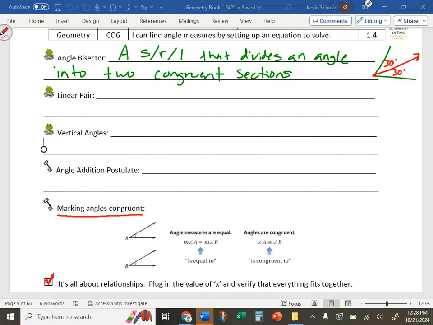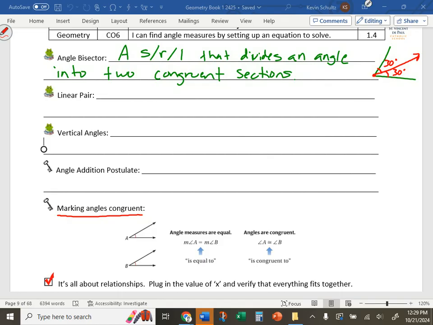So if I put an arc right here, an arc right here, without the angle measures, that would still tell you the angles are congruent. Okay? So that arc through the angle. And just like our conversation of congruency versus equality before, when you're talking about the thing, the angles, you use the congruency symbol. When you're talking about the measurements of the angle, the value of the angle, you use the equal sign. Okay, and we'll have more practice with that. But same kind of thing we talked about before.